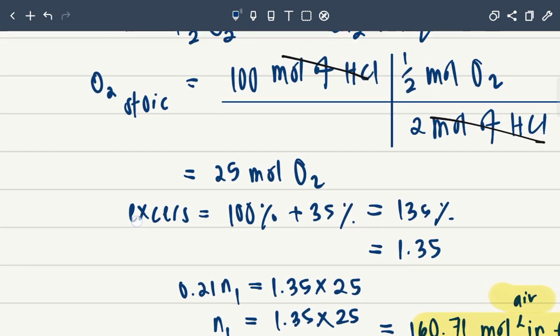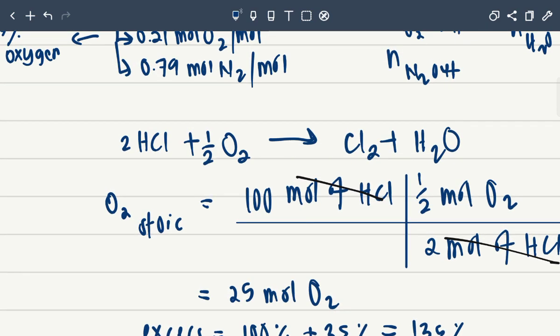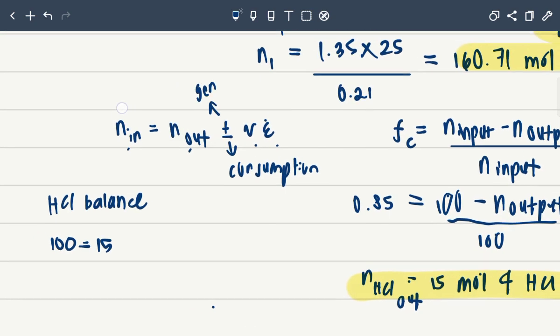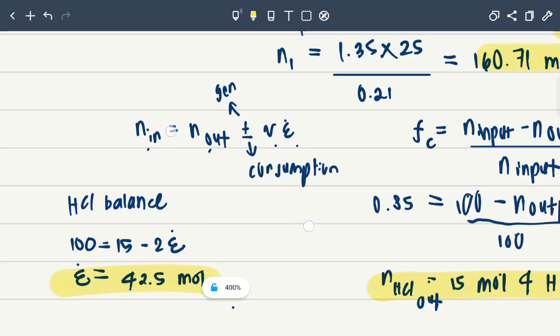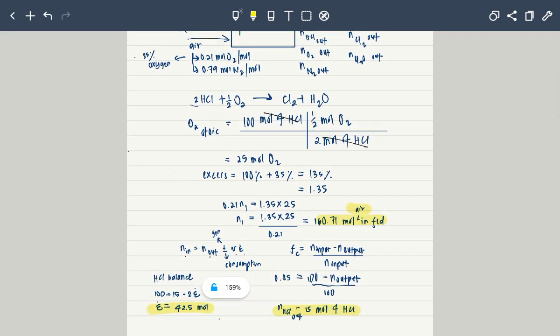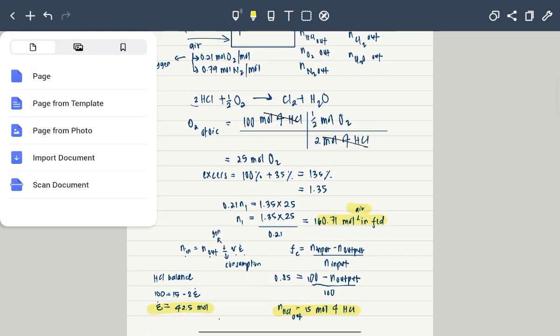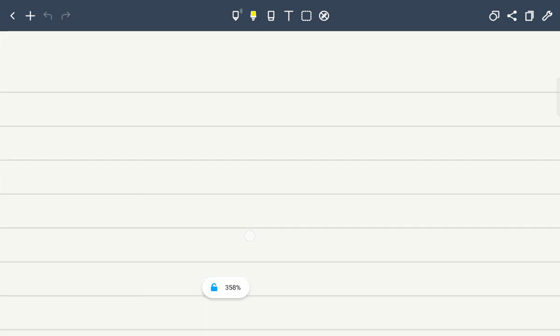Okay, nu ni kita kena tengok kat stoichiometry, which is 2. 2 tu kita consumption ke kita generate? Kita consume, so negative 2Z. And then do simple maths, you get Z equals to 42.5 mole. And then this is your third answer. Okay, settle.